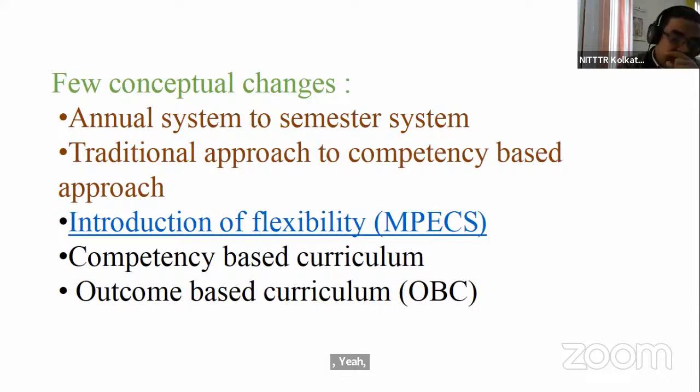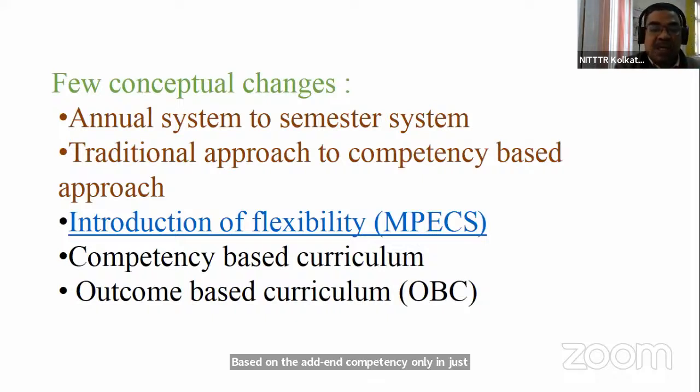Based on the identified competencies only, you identify the knowledge and skills that will be required, and based on that you develop your curriculum. That is called the competency-based approach of curriculum, as against the traditional approach.